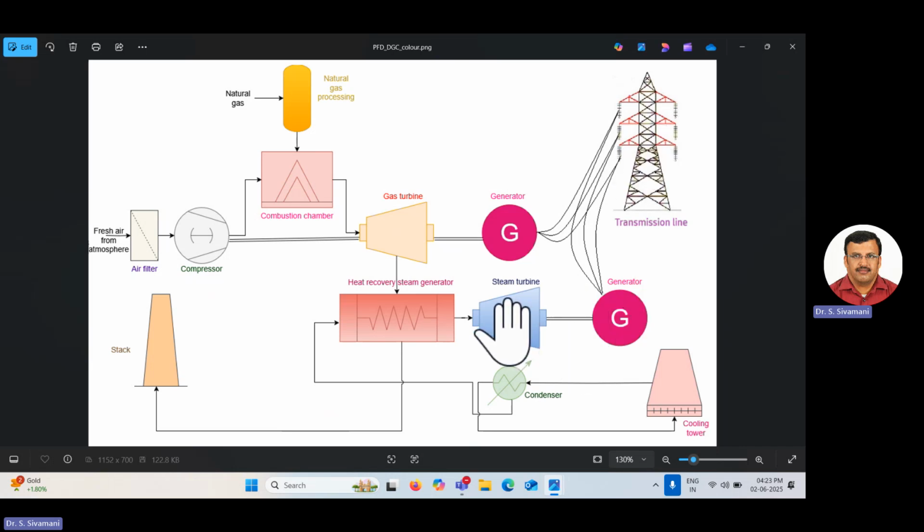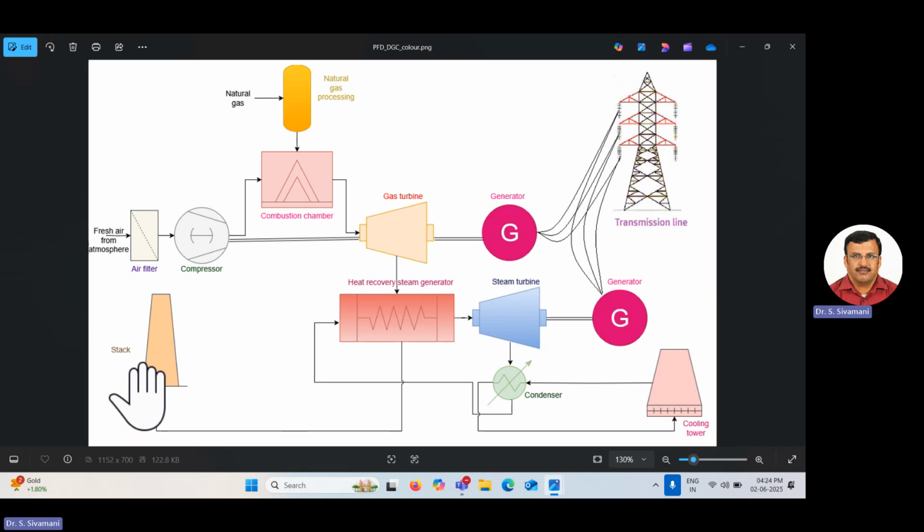After the steam is used by the steam turbine, it becomes saturated vapor or saturated liquid. So here it is condensed using the condenser, and it is completely converted to water, and the water is again recycled back to the HRSG, that is the heat recovery steam generator. And the gas coming out of the HRSG after heating the water is sent to the stack, which is sent to the atmosphere.